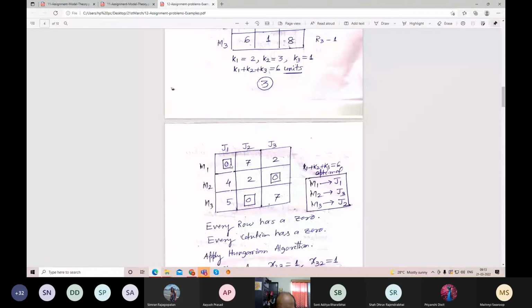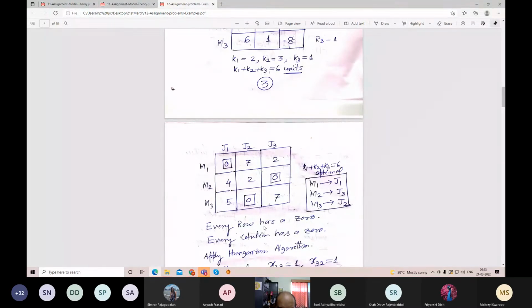Once you assign, that is complete. Then we move to the second row. In the second row we assign the machine to the third job. Then finally we assign machine 3 to the second job. You can see this is the solution: M1 to J1, M2 to J3, M3 to J2.